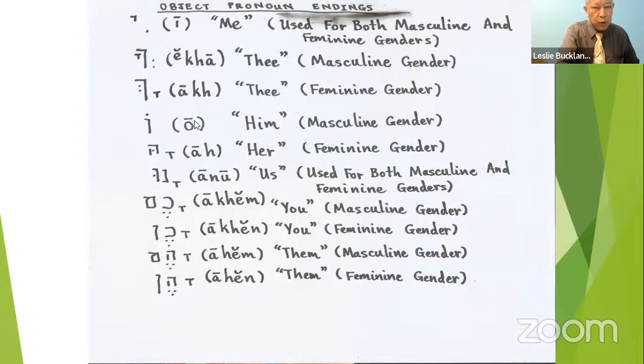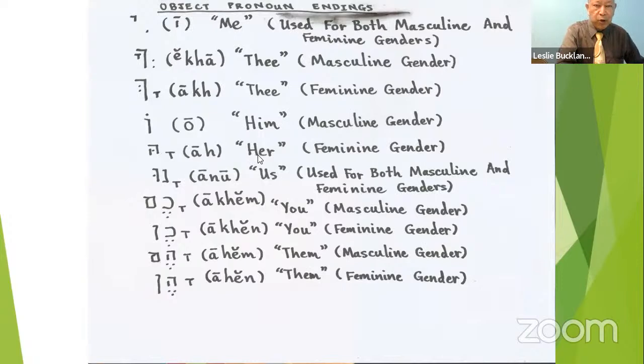The olem or the o is the same in form, but different in translation. In the possessive pronoun, it was translated as his, but in the object pronoun, it's translated as him, masculine gender. Similarly, you have kames he with the mapik.